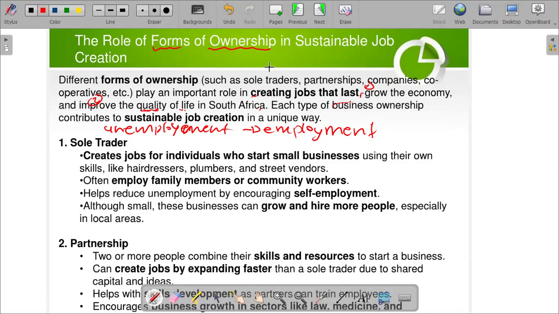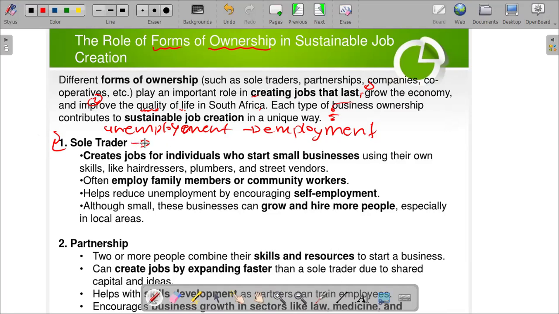Again, it says that each type of business ownership contributes to sustainable job creation in a unique way. So as a sole trader, how would you contribute? As a partnership, as a cooperative, as a closed corporation, and so forth. Number one, we'll be looking at a sole trader.